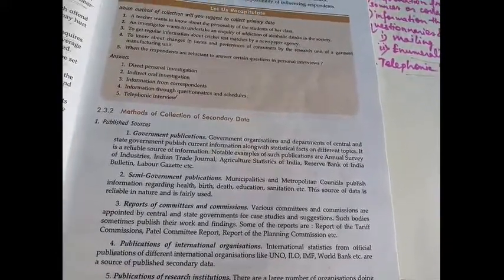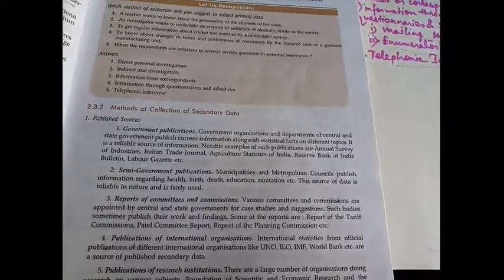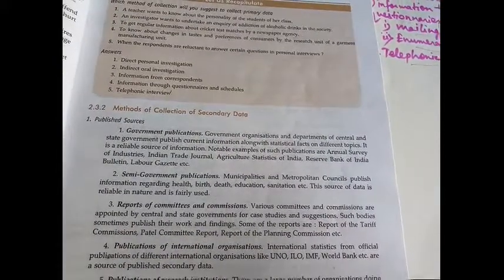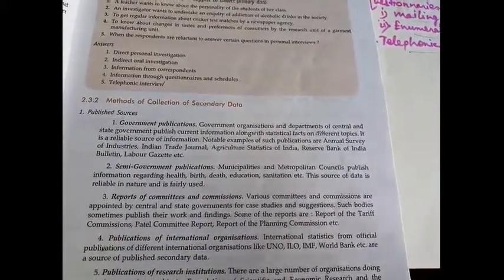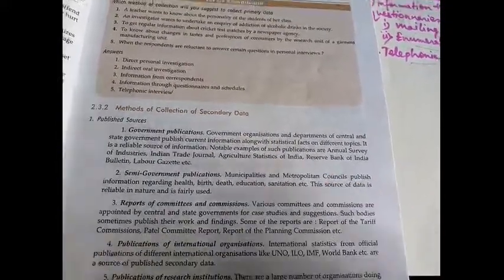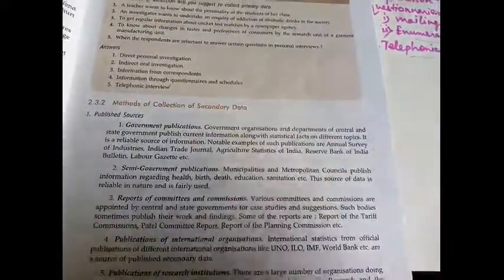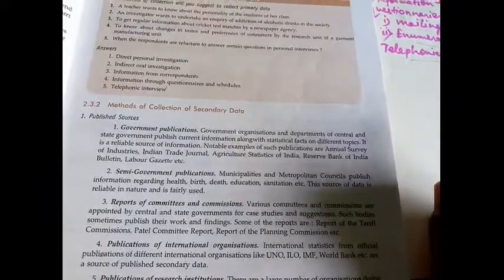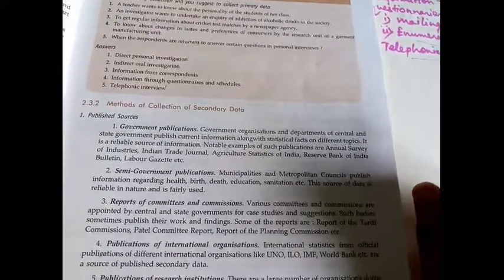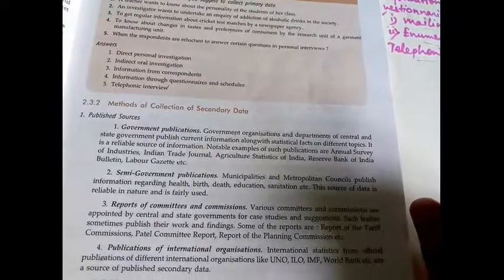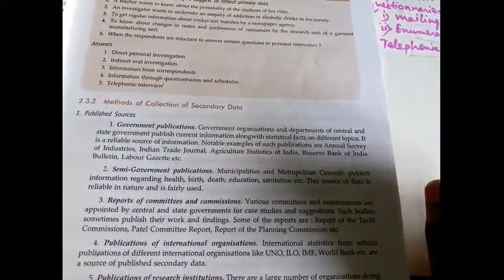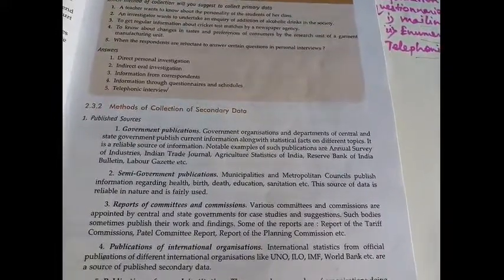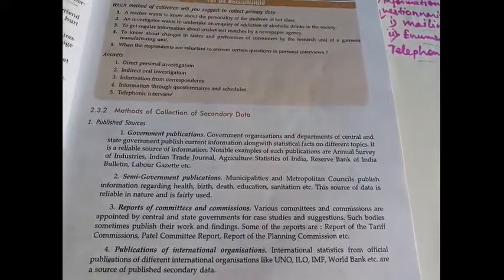So since the data you are getting is from government departments, it can be said that it is a reliable source, reliable information. For example, if you receive any data from the RBI, our central bank, the father of all commercial banks, you will be very much trusting of this RBI, that this RBI cannot provide you some wrong information or wrong data.